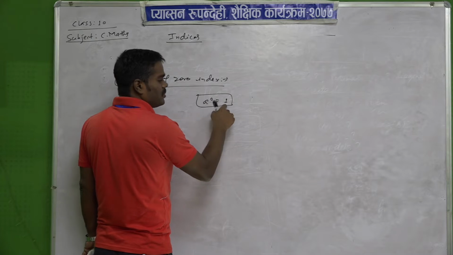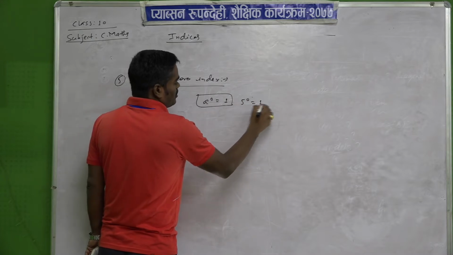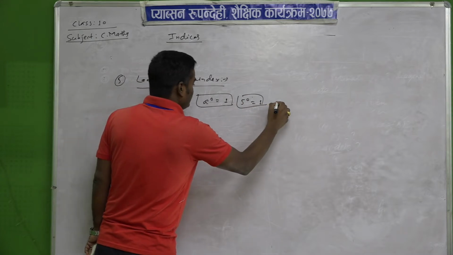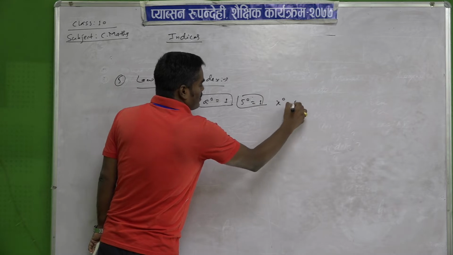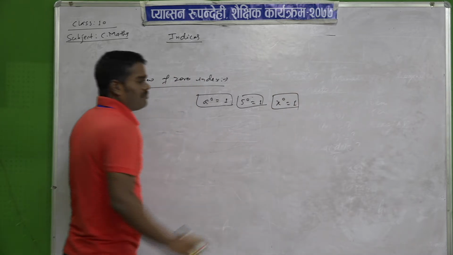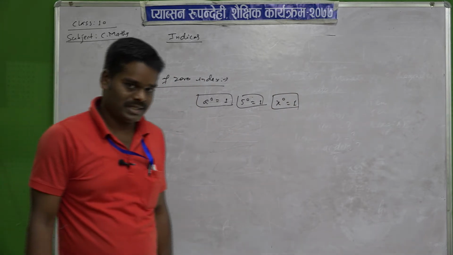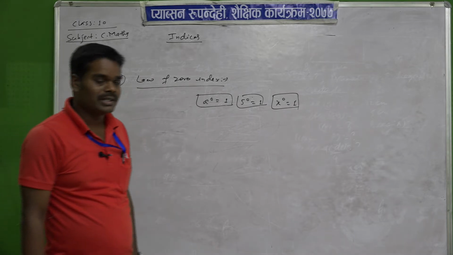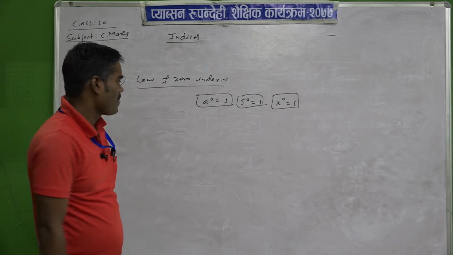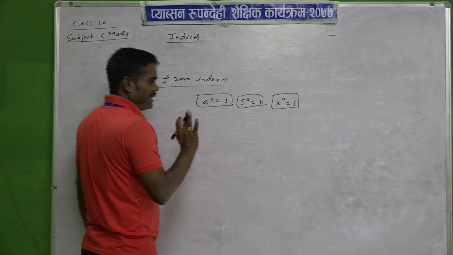A power 0 means 1, likewise 5 power 0 means 1, likewise x power 0 means 1. If the power of any base is 0, then the value will always be 1. So, this is the law of zero index.